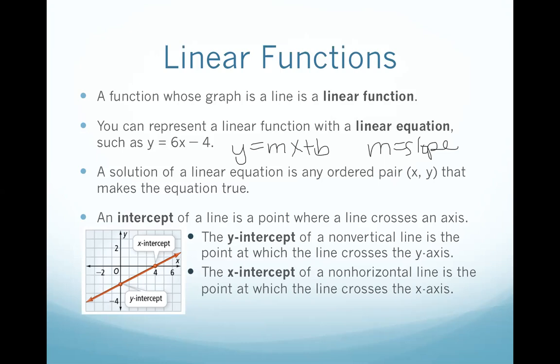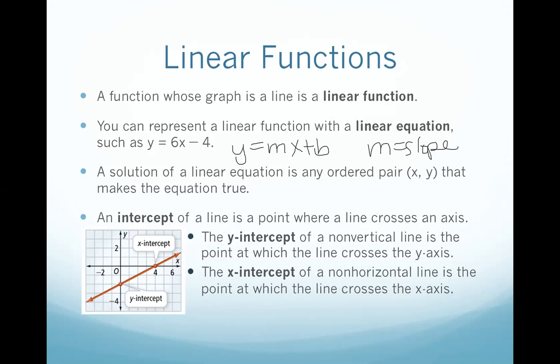Okay, so the solution to a linear equation is any ordered pair x, y, that's a point, that makes the equation true. We saw this last class, right? If our ordered pair satisfies our equation, if we get a true statement, then that point is on the line. An intercept, think about in football, if you pass the ball but someone else catches it, it's an interception.